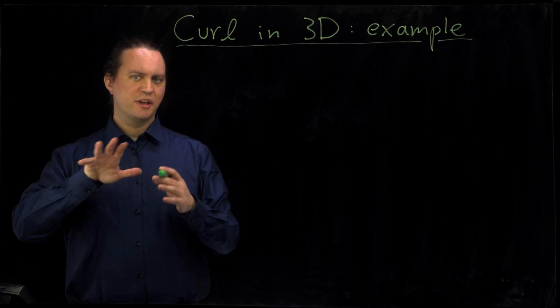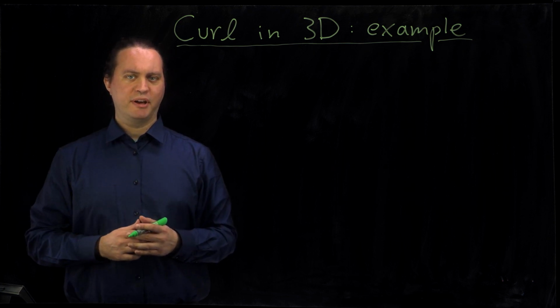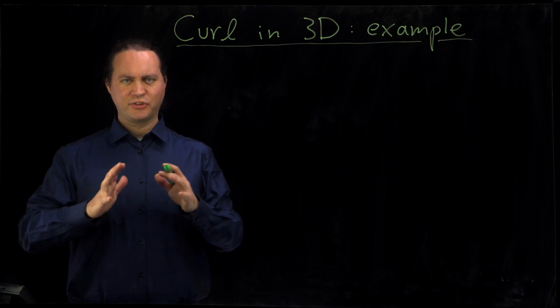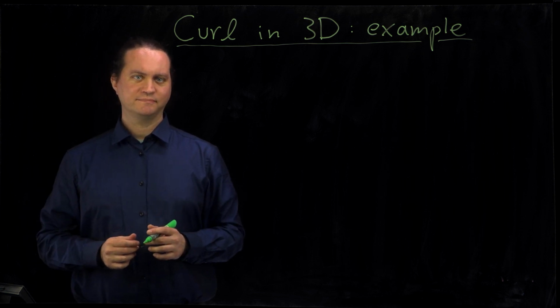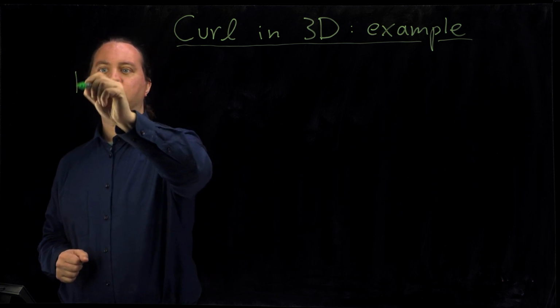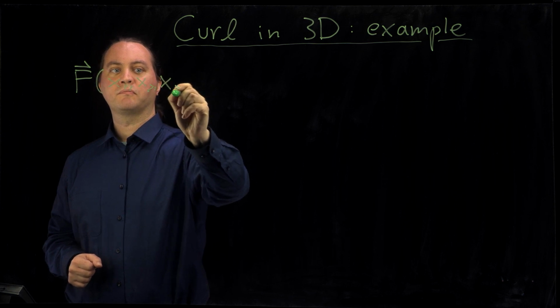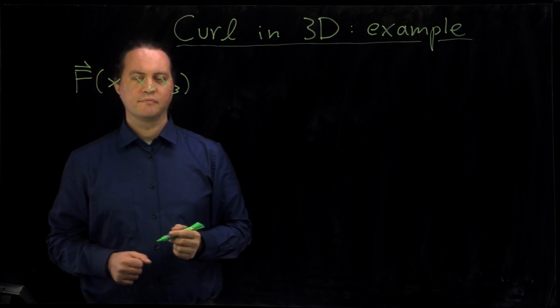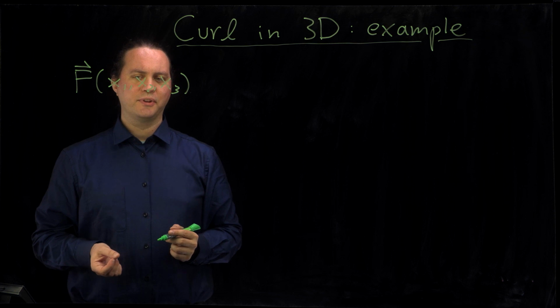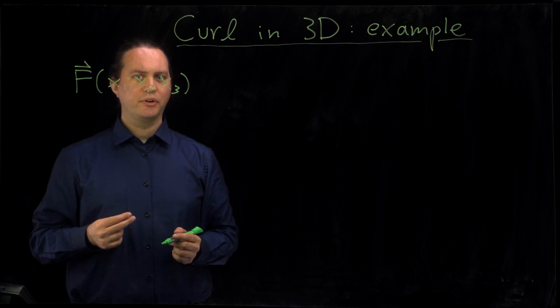Before we approach the mathematics and physics of the curl operator on 3-dimensional vector fields, let's just do one formula calculation. Just one example. I take a vector field in 3 dimensions, and it has the following 3 components.